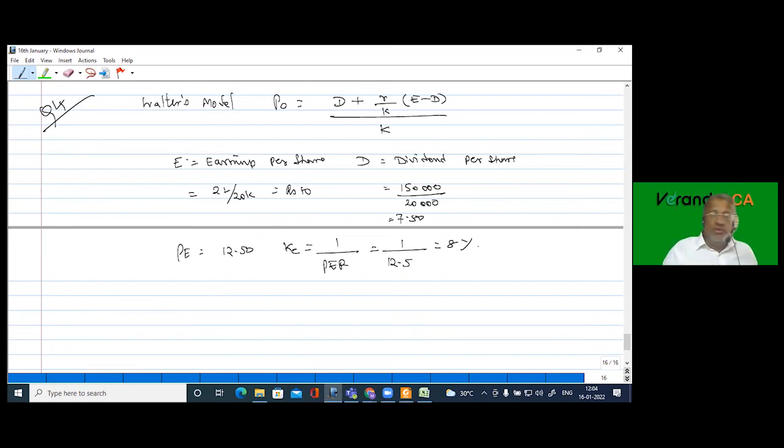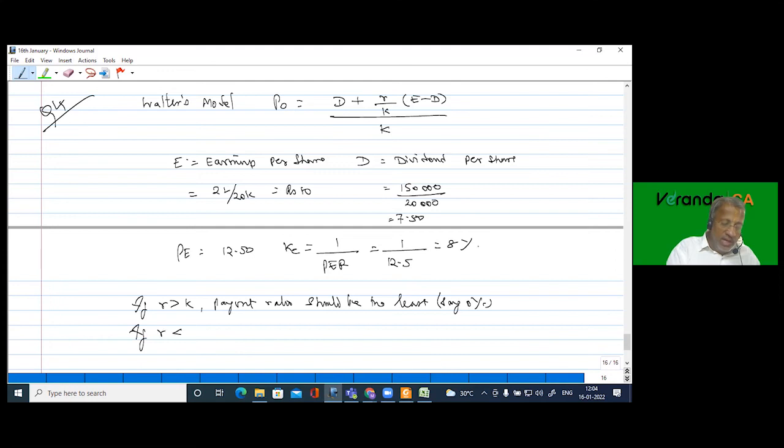So now I will give you the findings of Walter's model. If R is greater than KE, payout ratio should be the least, say 0%.